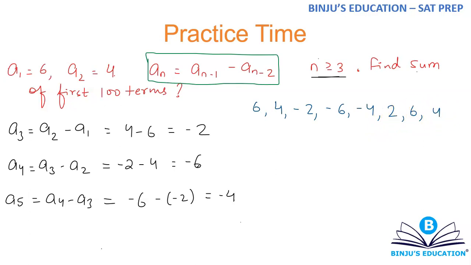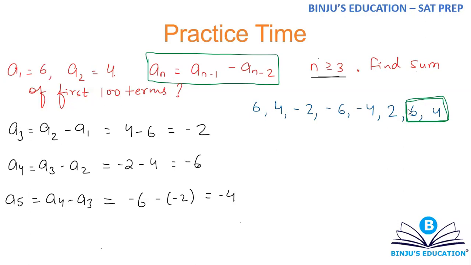Now as soon as I get 6 and 4, you need to realize at this point of time that the series is going to repeat itself. You need to have this realization. Let me put it this way, you need to have that presence of mind while you're solving questions like these.